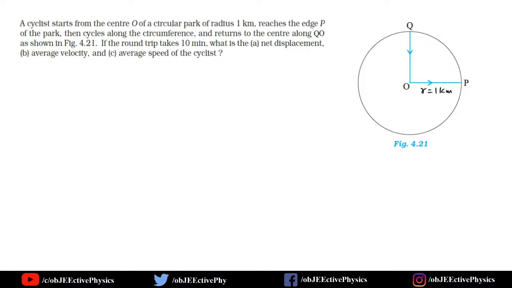Observe the diagram. Cyclist starts at O of the circular park. O is the center of the circular park of radius 1 kilometer.